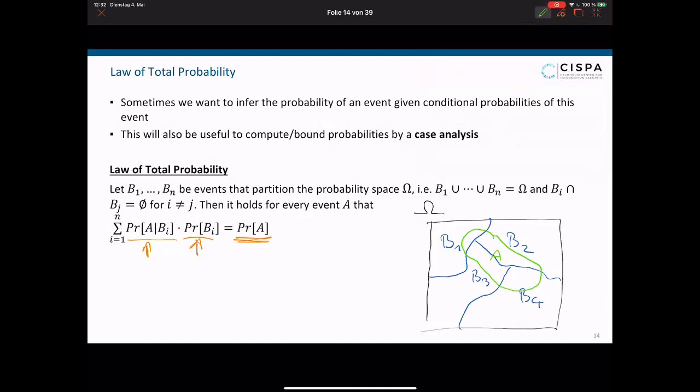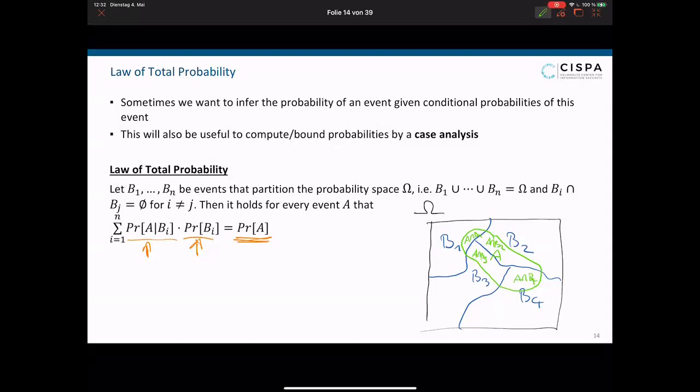So essentially, we can describe A as the union of A intersect B1, here we have A intersect B2, A intersect B3, and A intersect B4.